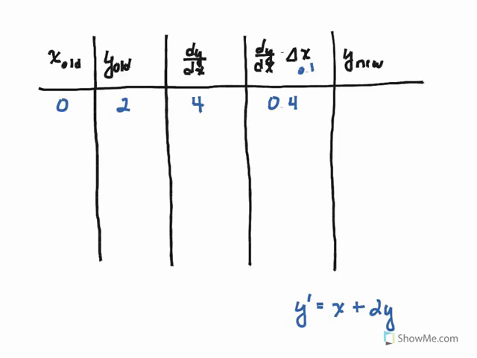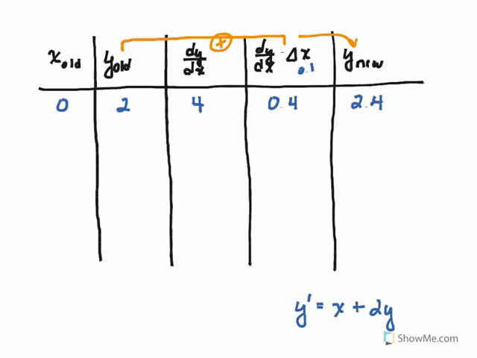The new y value then, if you think of how the formula goes, is equal to your old y value plus the slope times delta x, and that equals your new y value. So if we do 2 plus 0.4, we end up with 2.4.